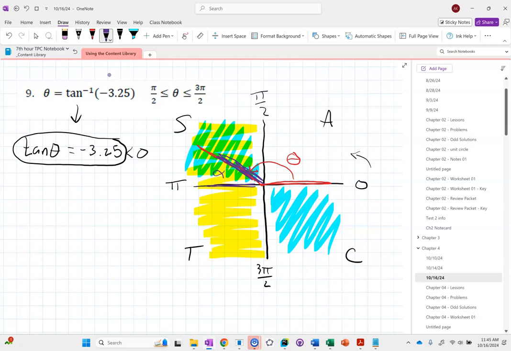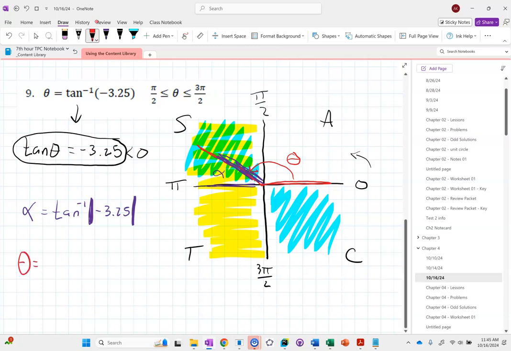Always x. Always x. So to calculate alpha, we're going to do tan inverse, because it's a tangent problem, absolute value, negative 3.25. Everybody feel good so far? Always absolute value. Every single time, positive, negative, whatever, absolute value.